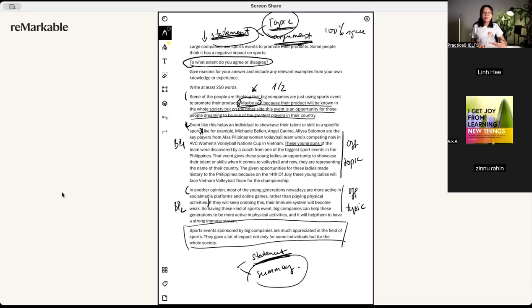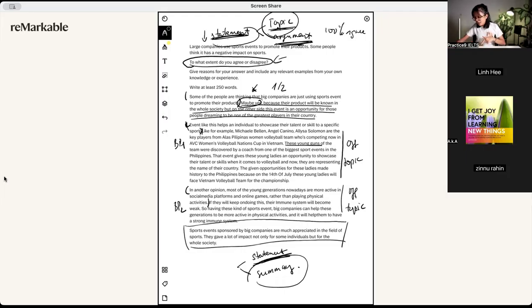But unfortunately, without a good structure, it doesn't matter how good your vocabulary and grammar are, it will not make a lot of difference, because the examiner doesn't even read. If the examiner doesn't even read, how do they know that your vocabulary and grammar are very good? So the first thing you need to study, you need to learn, is not the grammar, it's not the vocabulary, it is the structure, how to structure an IELTS essay properly.